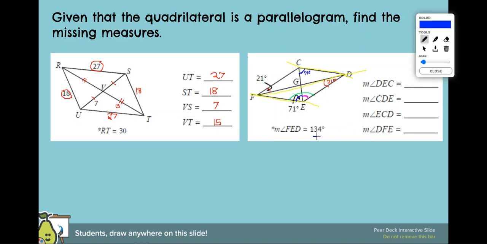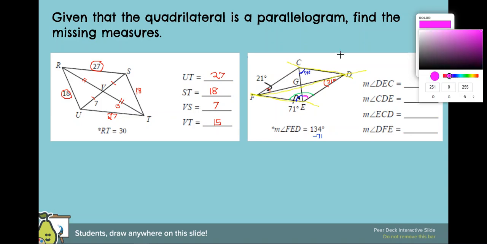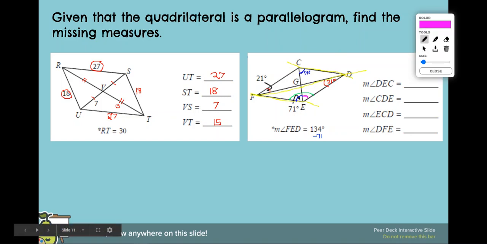We subtract 71 degrees away, whatever's left has to be the measure of the other portion of that angle. So the other portion would have to be 63 degrees. So DEC is going to give us 63 degrees.